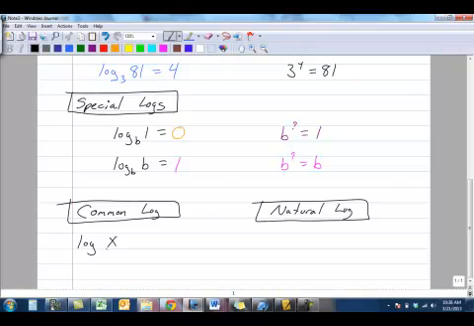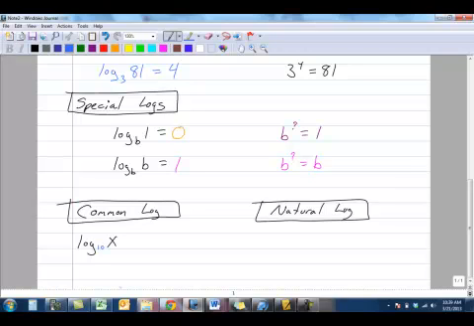Common log is going to look like log of x. What's missing? We're missing a base, right? When there's not a base there, there's going to be a base 10, all right?